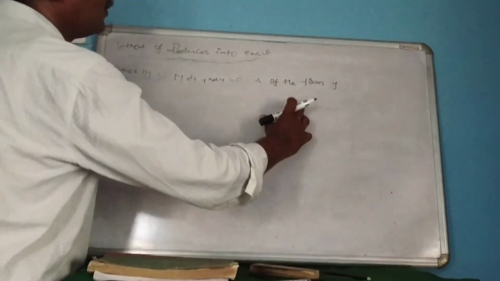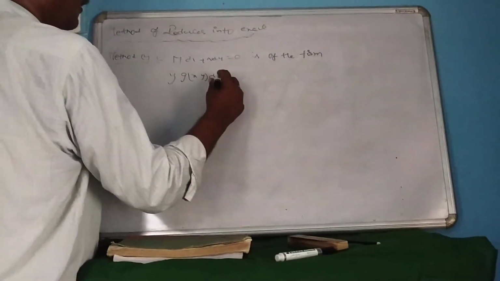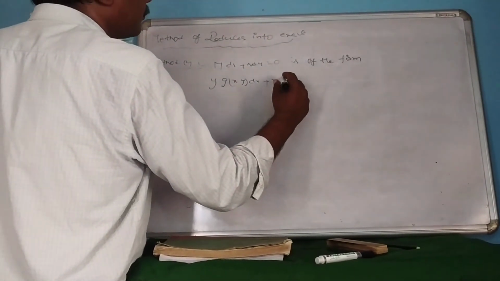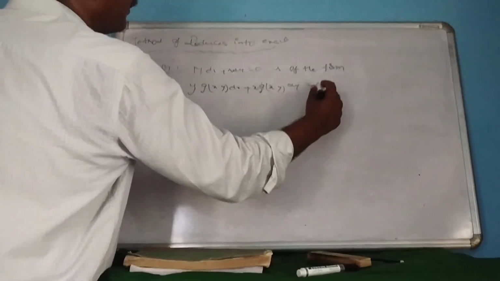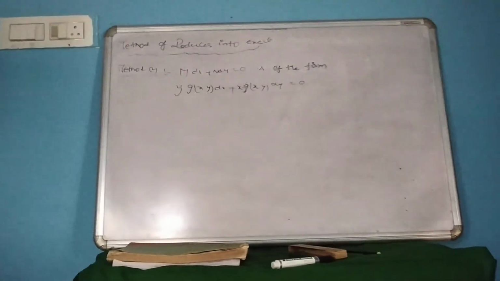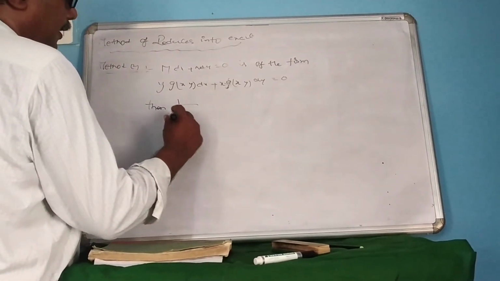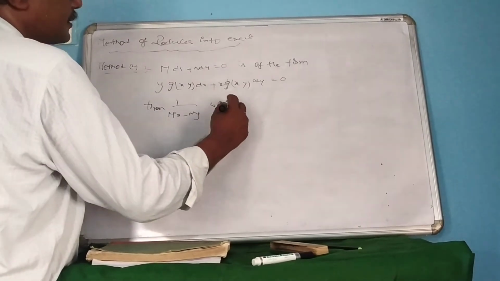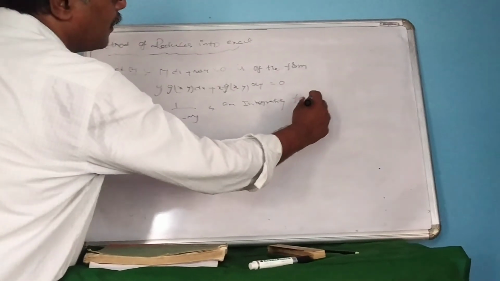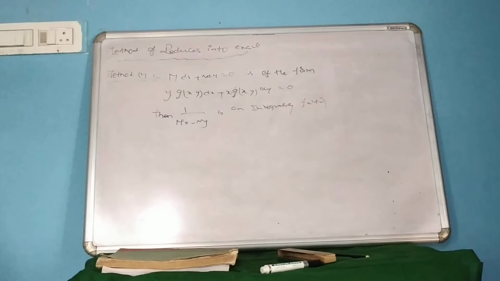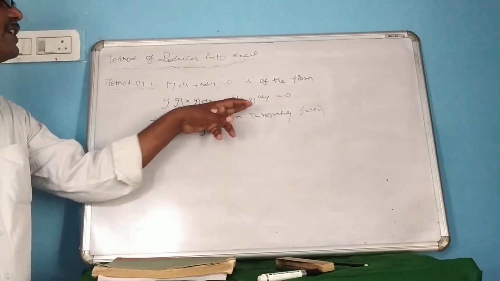Okay friends, if M dx plus N dy is equal to 0 is of the form y g of xy dx plus x f of xy dy is equal to 0, then 1 by Mx minus Ny is an integrating factor. You see friends, M dx plus N dy is of the form M means y g of xy, N means x f of xy.